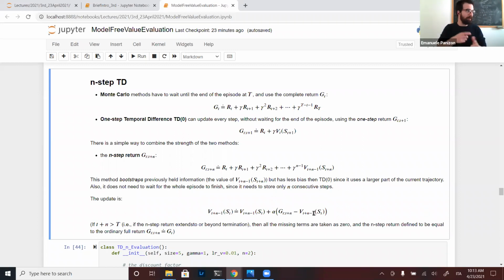It can be the complete return, one-step return, n-step return. I don't care. My update is: I have my old value, and I add a small part of the difference between what I've just experienced, which could be a complete return, one-step return, or n-step return, and my previous evaluation of the value. Okay, so this is very general.